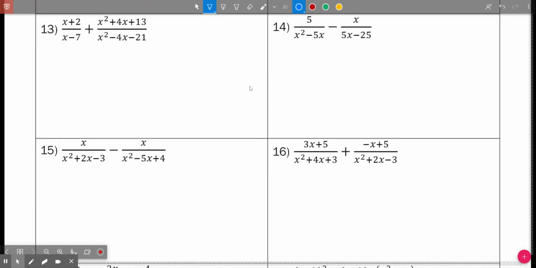In number 13, we need to factor the denominator. So this is going to factor into x plus 3 times x minus 7. So my first term needs an x plus 3. So this becomes x plus 3 times x plus 2 over x plus 3 times x minus 7.